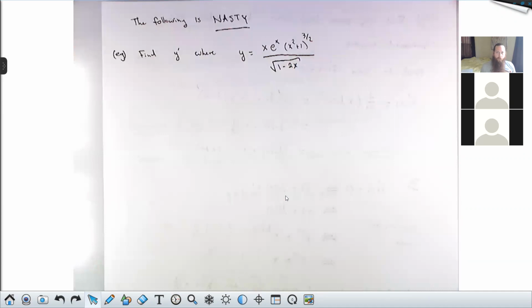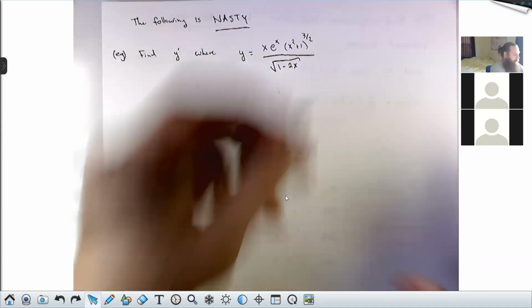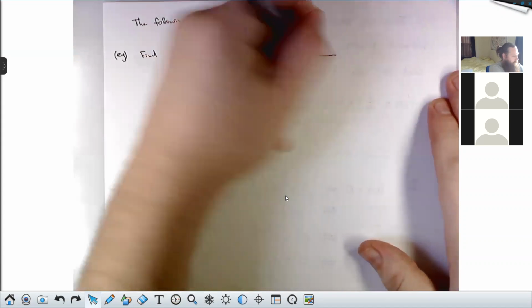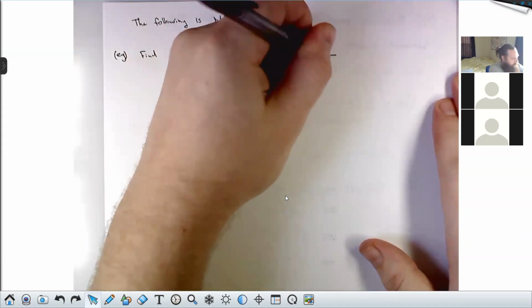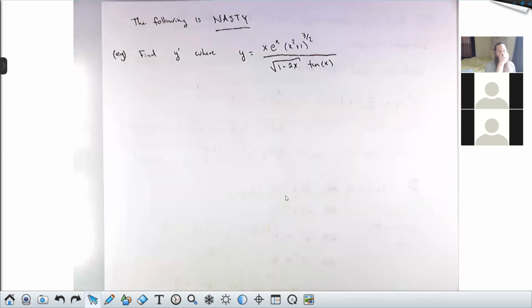How badly do you not want to do this? Let me make it worse. Times the tangent of it. Let's get some trig in there. I really don't want to do this. Look, it's a big quotient, so we need a quotient rule. The top is a big product, not one product, but two products, right? 3 terms total.